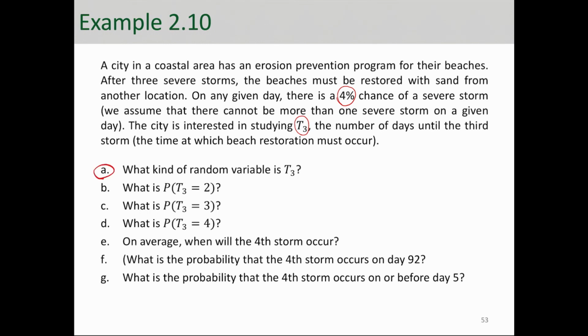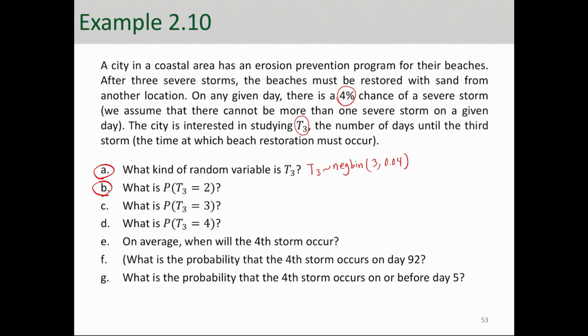Well, here really directly given to us, T3 is a notation for negative binomial. But if that was not the case, you would have to basically just write down T3 is following negative binomial with parameters 3 and 0.04. Now, part B asking us for probability of T3 being equal to 2.